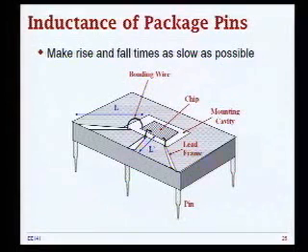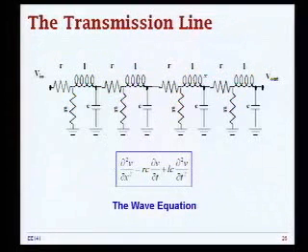Why is this important? Now, the difference between the distributed RC model and this distributed LC model is in the way signals propagate through the wire. In the previous case of the RC model, we had basically just a diffusion equation, and the signal simply diffuses through the medium and settles to a final value at the output.